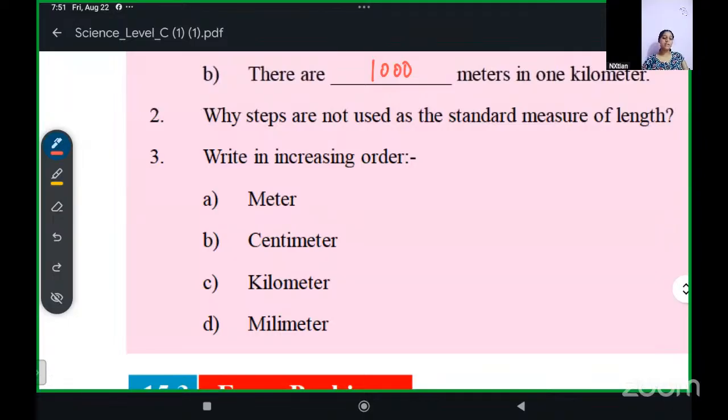Which was the biggest in these measurements? Ma'am, it's millimeters, centimeters, meters, and kilometers. Yes, Emma. Millimeter, centimeter, meter, and kilometer. Okay, that is right.